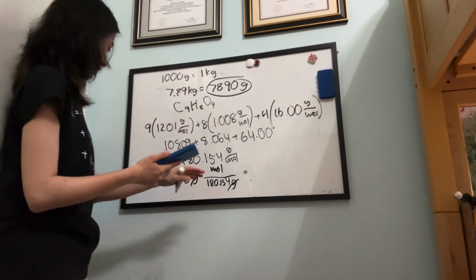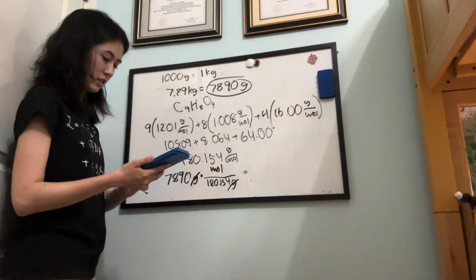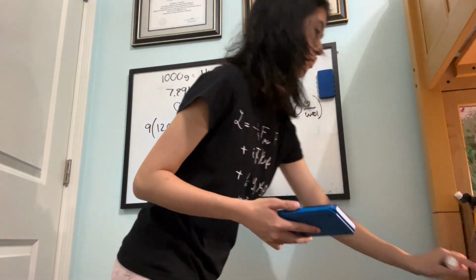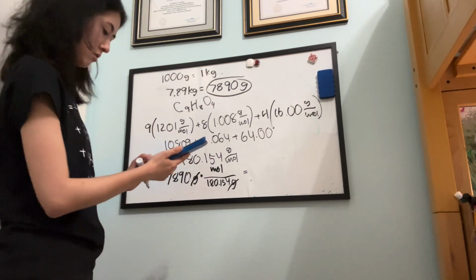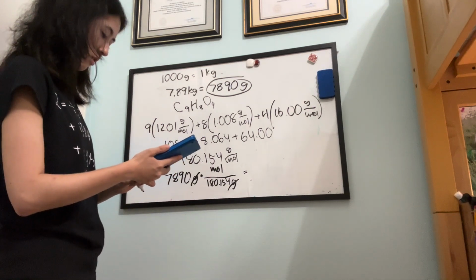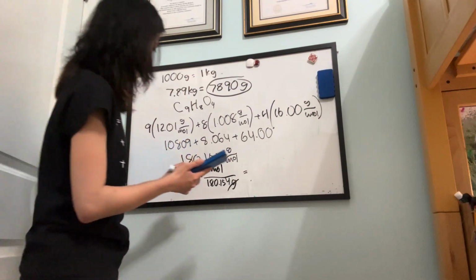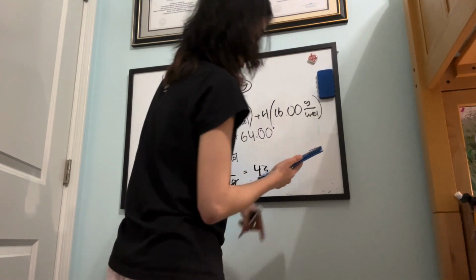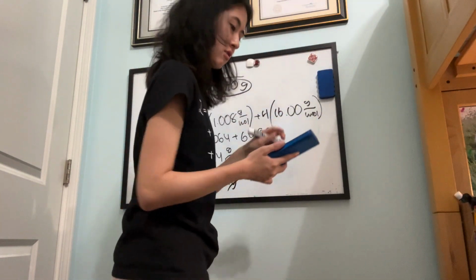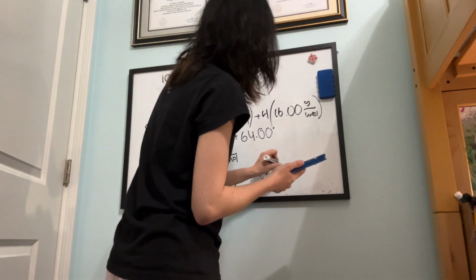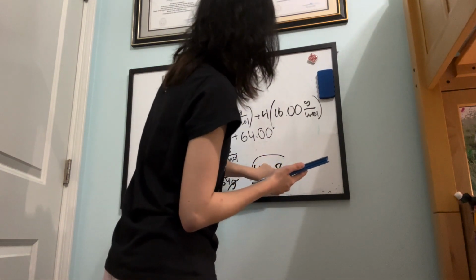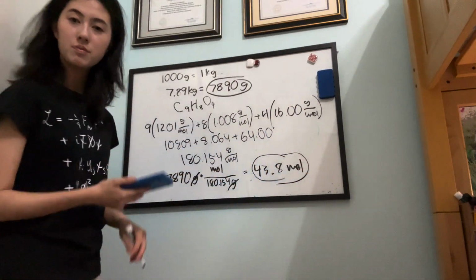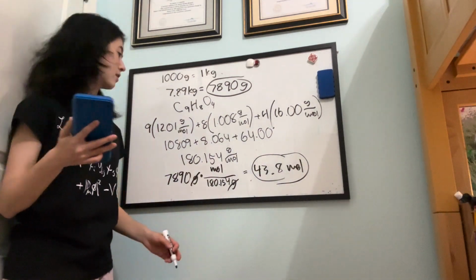So basically you're just doing 7,890 divided by 180.154. And the answer is 43.7958, whatever, but it says 3 significant figures, so you just stop at 43.8. Oh, I'll write the unit, moles. Okay, hopefully that's correct.